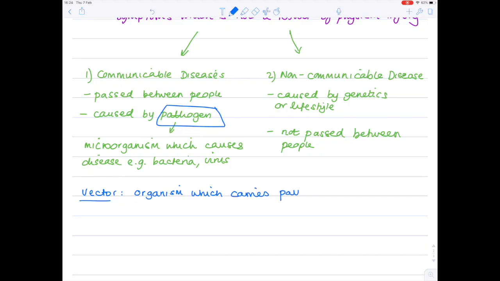So it doesn't actually cause the disease itself, it's just a means of transporting a pathogen from one person to another, and a good example here is the mosquito. So although these are super annoying when they bite you and suck your blood, they're not actually responsible for giving you malaria. In fact, it's the fact that they carry a protoctist called Plasmodium, and it's obviously an example of a pathogen, and that's actually what causes malaria.